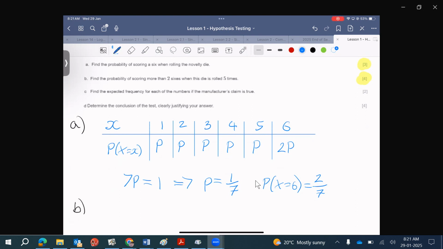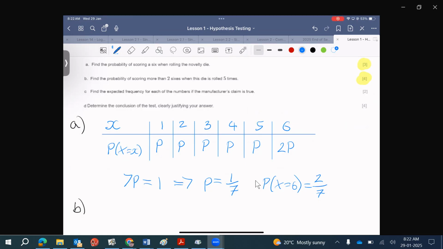B. Find the probability of scoring more than 2 sixes when you roll it 5 times. How do we do this? Why is it a binomial? What in the question tells us this is a binomial distribution? There are a number of rules.